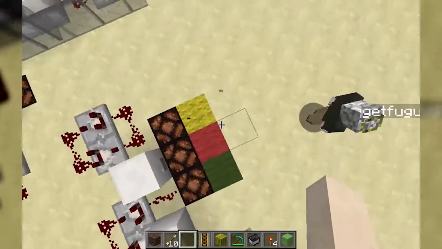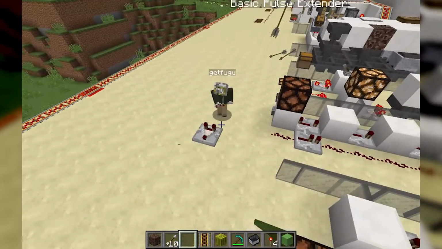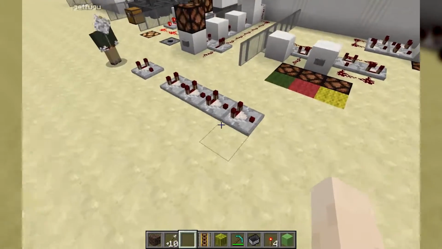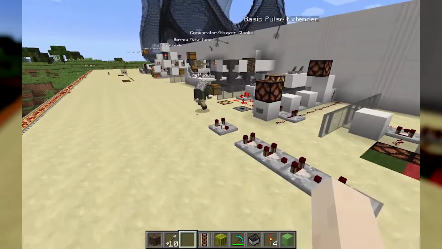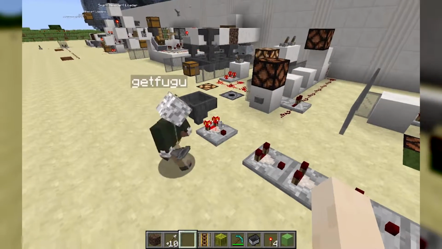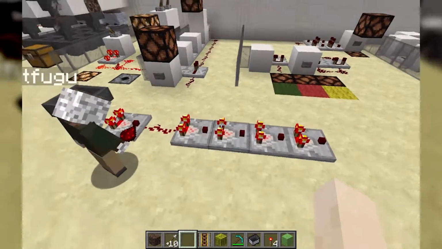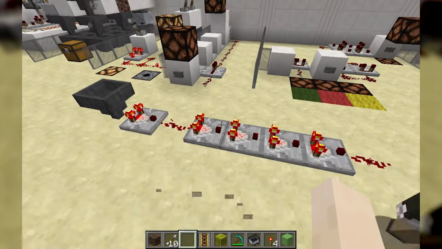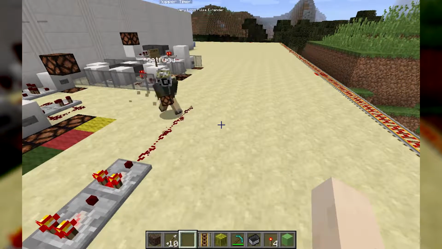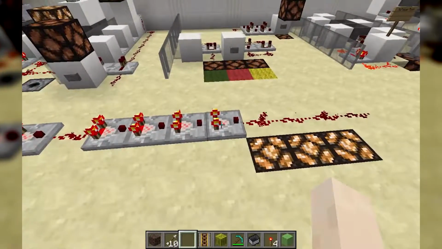So if you had a long line of comparators, and then you were to give it, say, 3 signal strength by filling a hopper with 1 stack of green wool, we're now transmitting a signal strength of 3 to these comparators, and our output is a signal strength of 3 all the way over here.